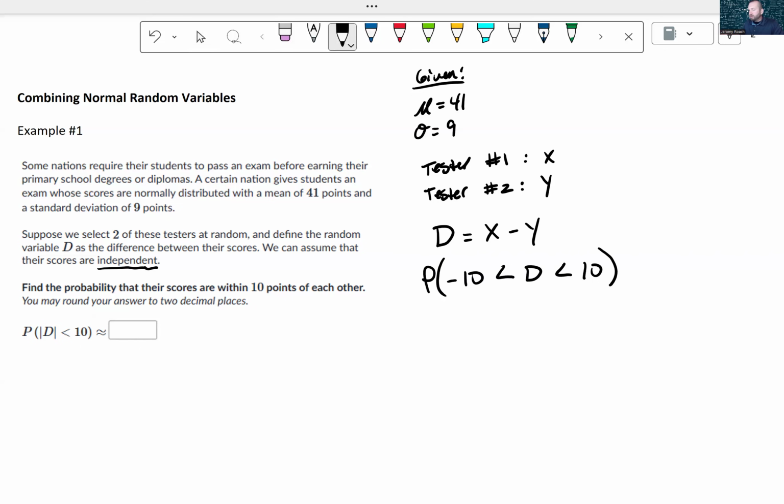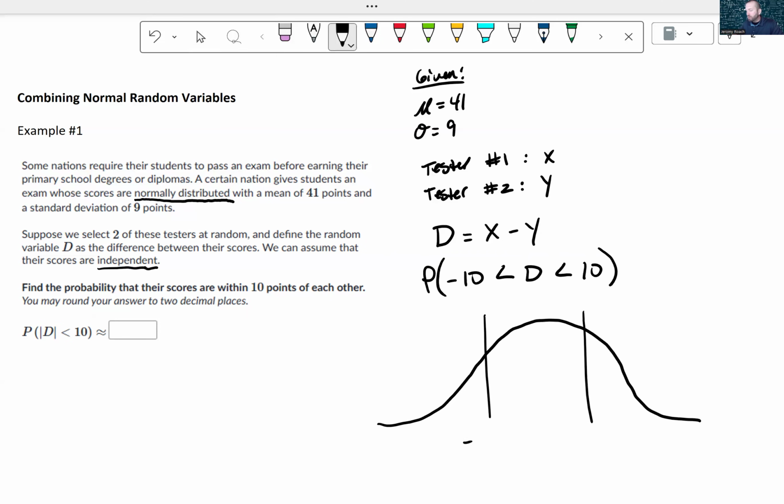Okay, now to find the probability of that, we're going to use a normal distribution. It says they're normally distributed. And that's very helpful for us because now we can assume that we're looking at a normal distribution like this, and we can convert to z-scores, use the z-table, and then we can find the area under the curve.